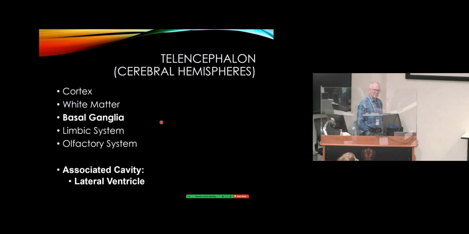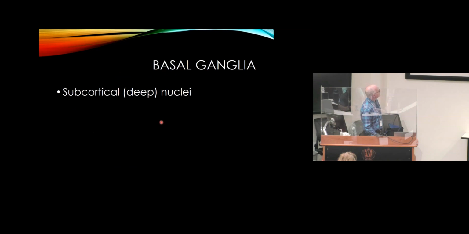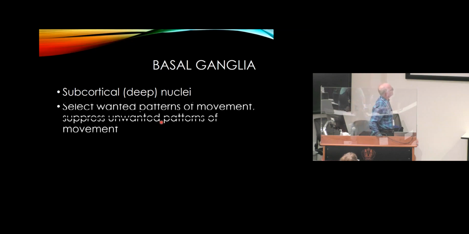Right, next, let's talk about the basal ganglia, which is a very interesting neuroanatomical area. Basal ganglia, these are nuclei that are subcortical. So not all the neurons are out around the surface of the brain. Some are deeply buried within the brain, and the basal ganglia is a good example of that.